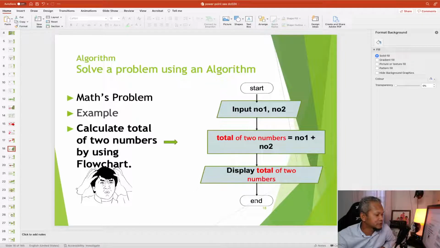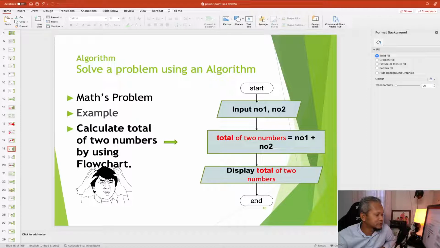So now you need to know what is the output first. If a question is not asking about the problem analysis, they are not asking you to mention the input, process and output, but that is our step. To solve the problem, we need to know the IPO first.